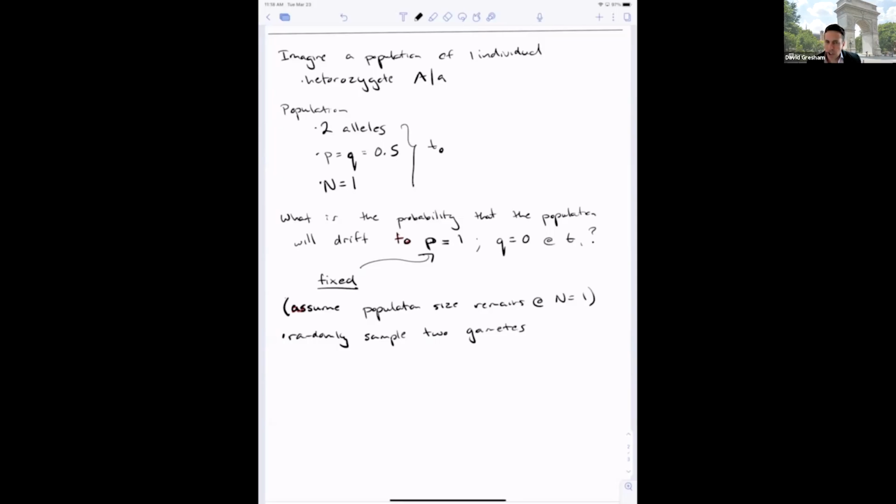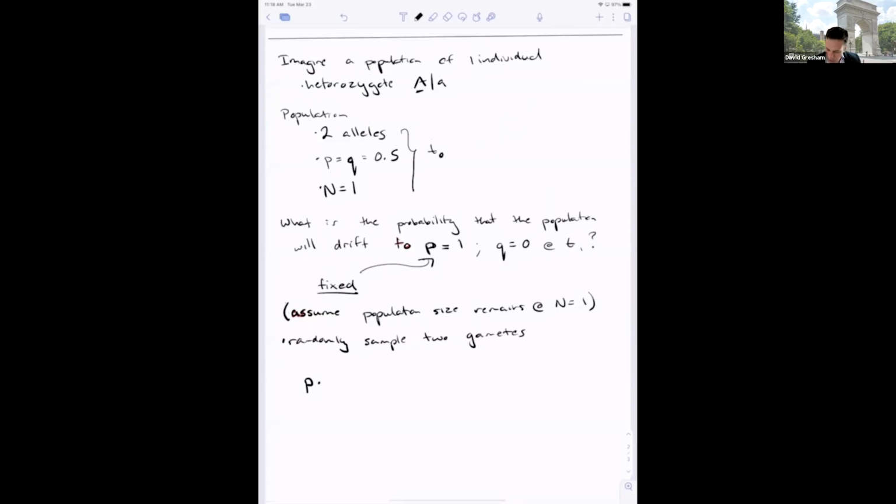And so we just reach into the gene pool and randomly take a single gamete, and the probability that it's going to have the big A allele is 0.5, right? Or P. And then we need to make a diploid individual. So we need to reach back in and randomly sample again. And when we randomly sample again, the probability that we have the big A allele again is P, the allele frequency. And so it's 0.5 squared, which is equal to 0.25.